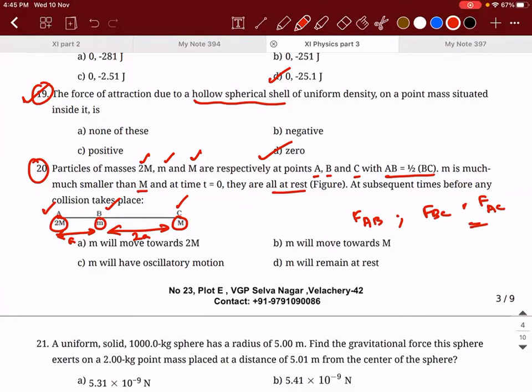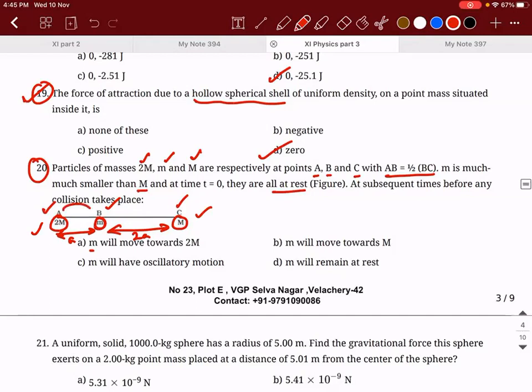It is the force experienced by small m. So the question is, indirectly, what is the force experienced by small m due to the remaining parts of the system. So calculate the force between A and B, calculate the force between B and C. See which one is dominating. Based on that, you can say that the mass m will move towards 2m. Even without calculating, you can tell it.